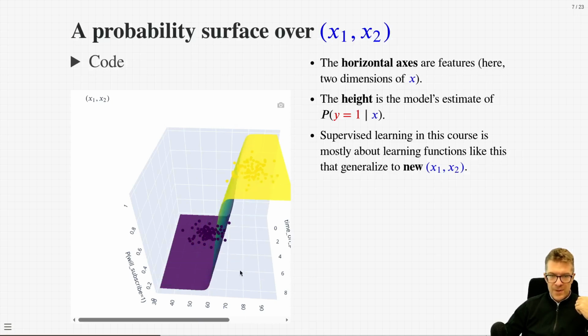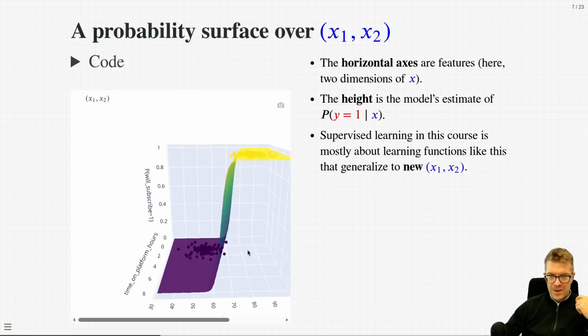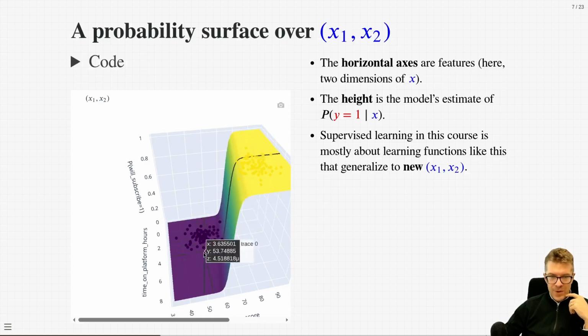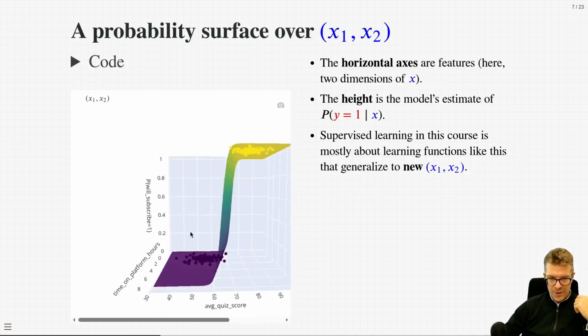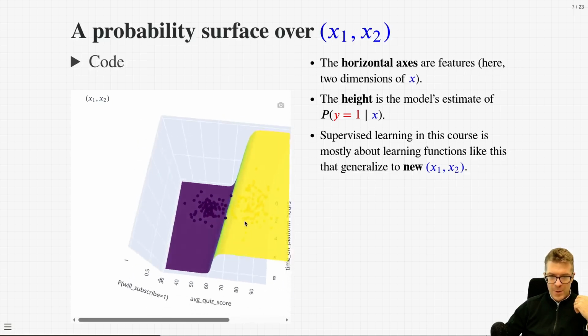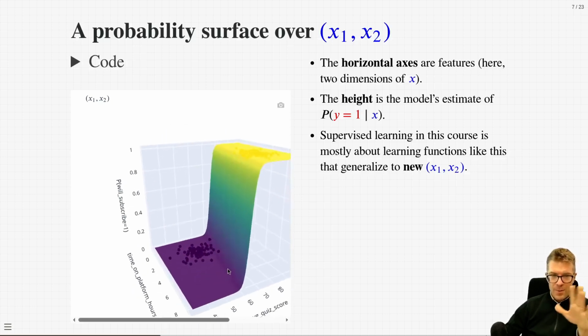This step-looking thing here is really a form of regression. We'll talk about it later, but you can see it classifies all of these points down here. The probability of all of them subscribing is very low, and we know that they don't subscribe. Up here are the data points for people who do subscribe. And this curve that we've drawn is really the probability curve.